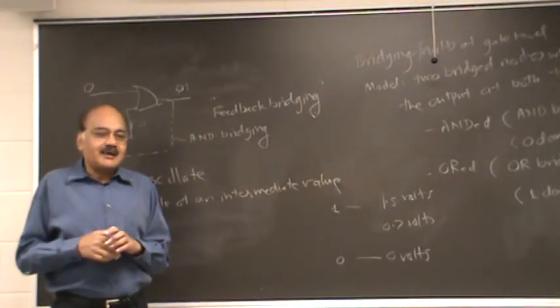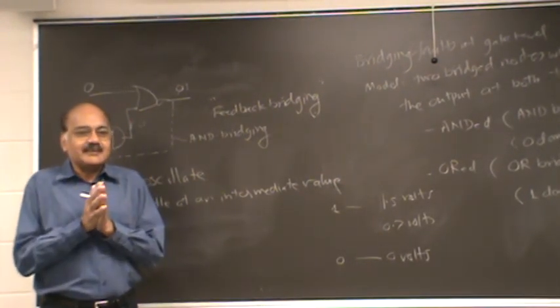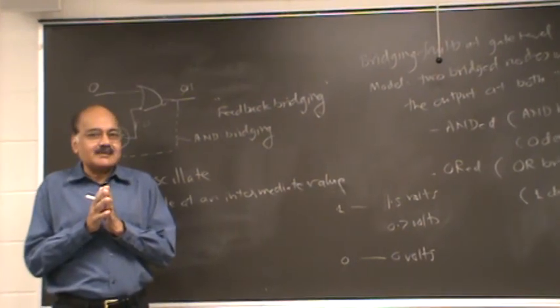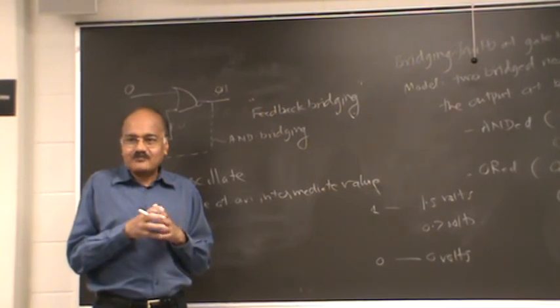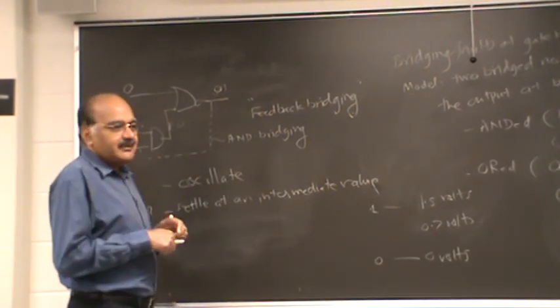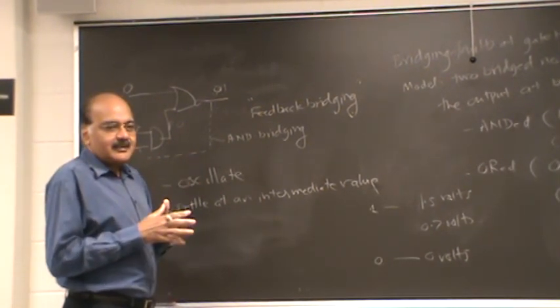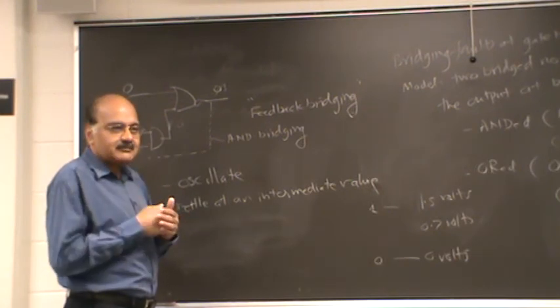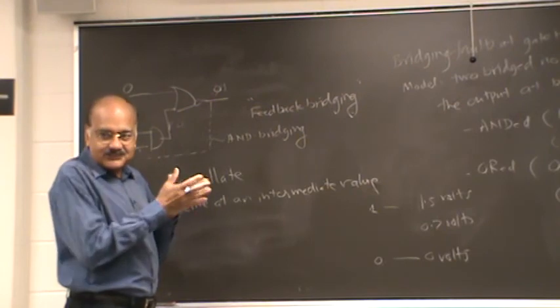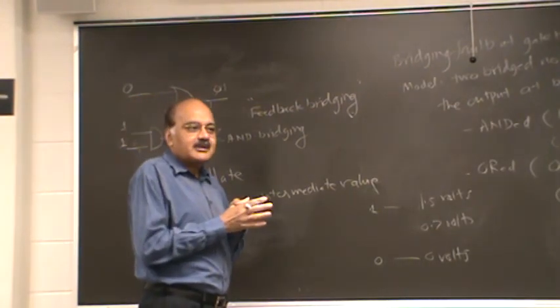We don't know. It depends on the characteristics of the electronics involved. So you can analyze the circuit and do a little DC analysis to find out what the voltage would be.